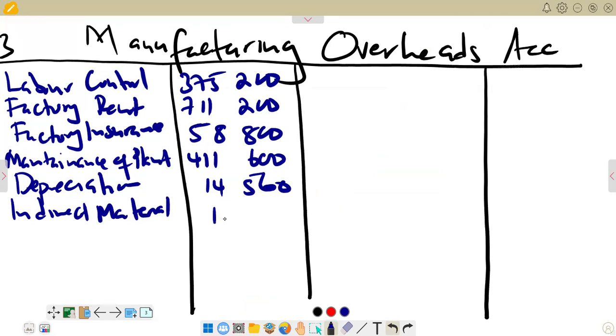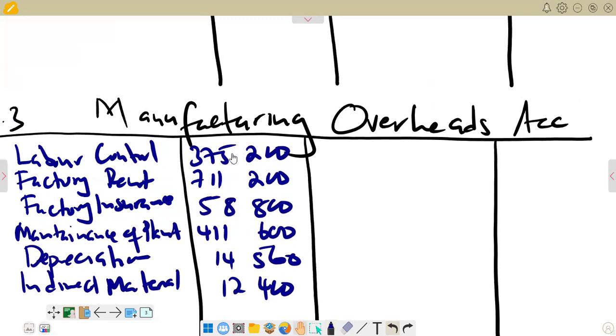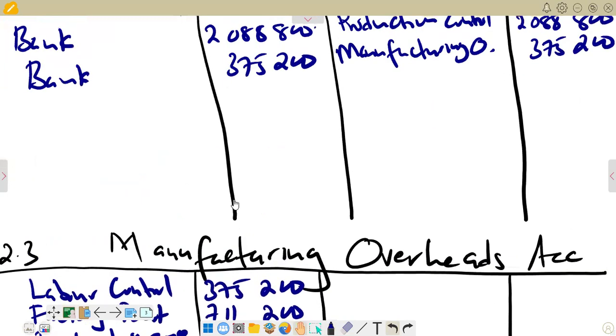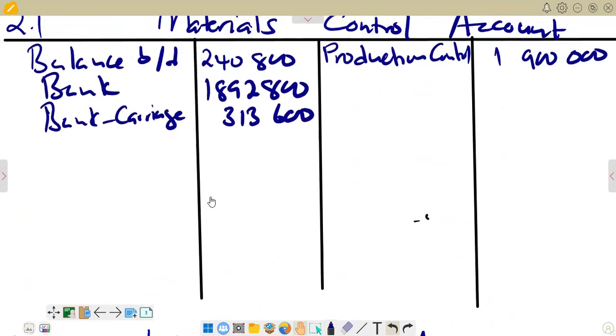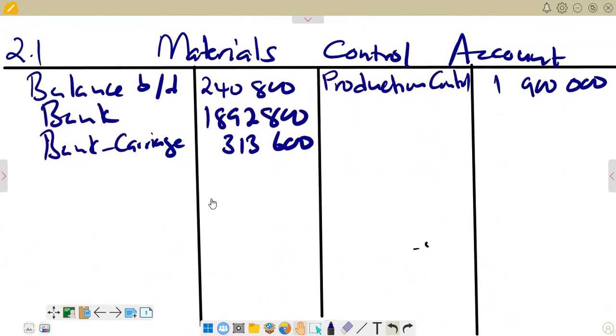But remember, in the question we have material control, so we are also going to take the credit side of the material control and enter this 12,400. We look for that account, material control, and we transfer this amount to manufacturing overheads.